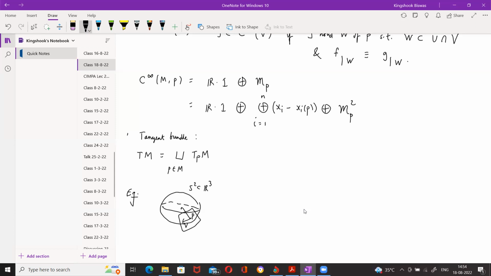Yes, tangent to the sphere is orthogonal to the radius vector. So these V's in the tangent space would just be the orthogonal complement of P, right? So in this case, the tangent bundle of S2 would be the set of pairs P comma V. This would be a subset of R3 cross R3, since P is in R3 and V is in R3, where P belongs to S2, so norm P is 1.